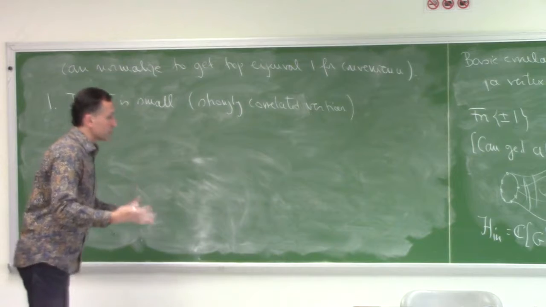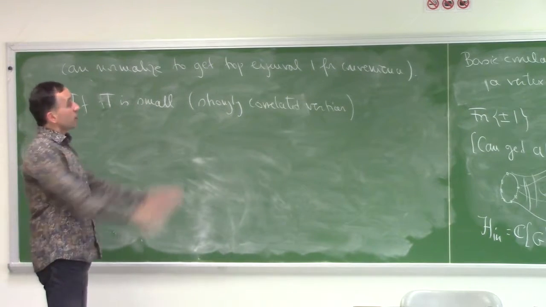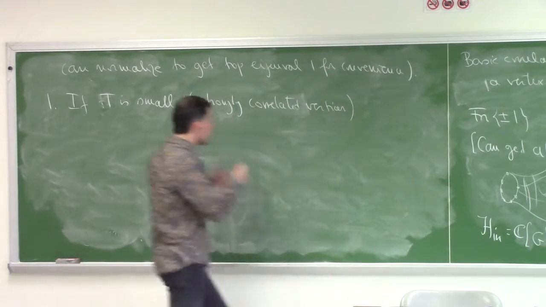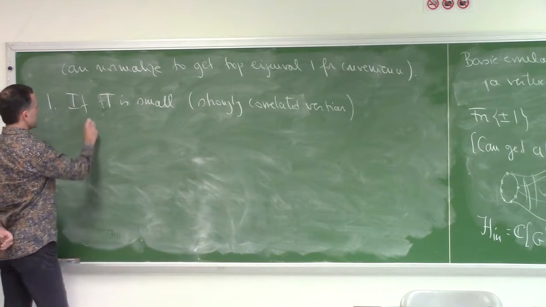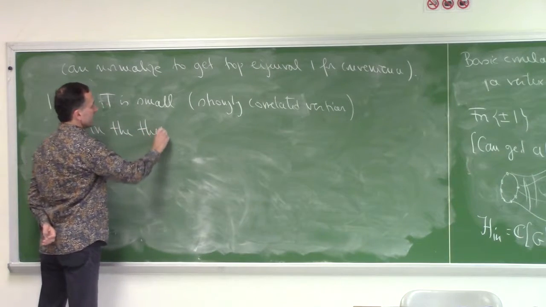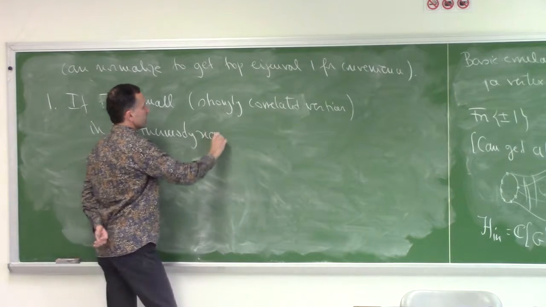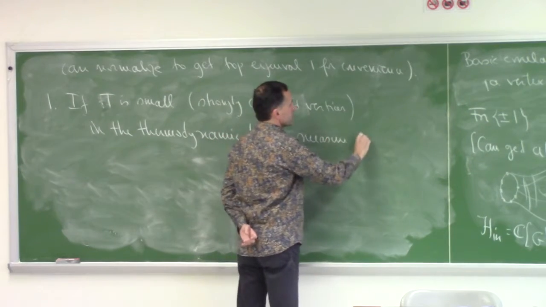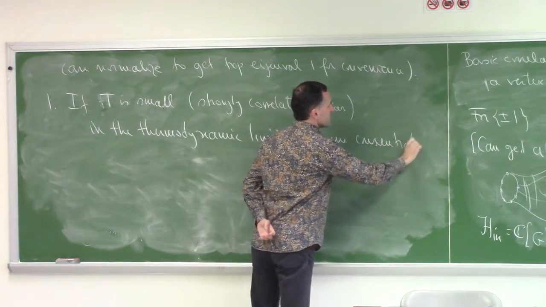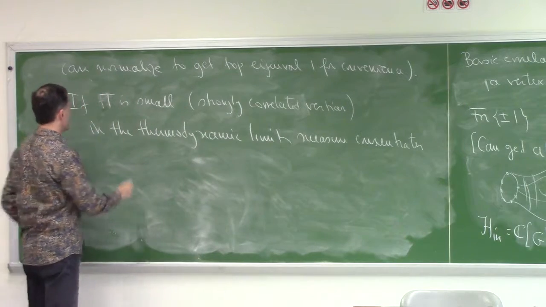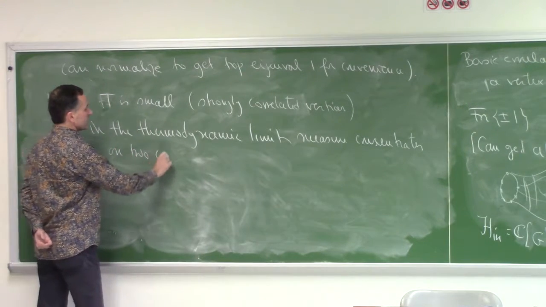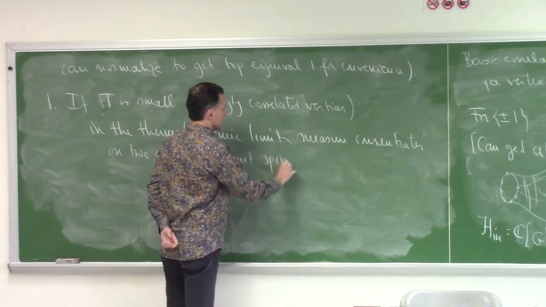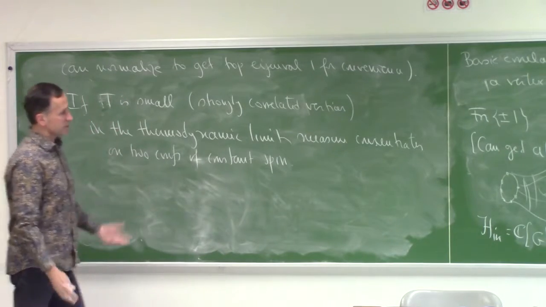But what you can try to do is go to a very large lattice, or make the lattice very dense on the same surface, to have lots and lots of points. That's the thermodynamic limit. In the thermodynamic limit, the measure concentrates on the two configurations of constant spin, constant plus 1 and constant minus 1.